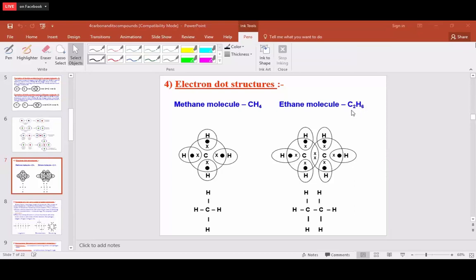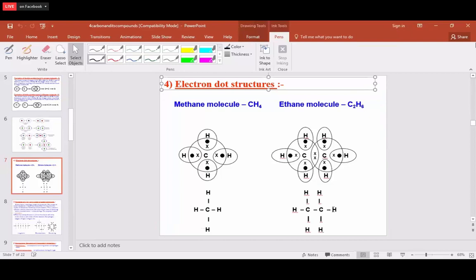So we have to find out which one is the central atom. The one which can share more electrons, we have to place in the middle. Here the carbon is tetravalent, so we have to place the carbon in the center. Then the hydrogen atoms make bonds with the carbon atom.